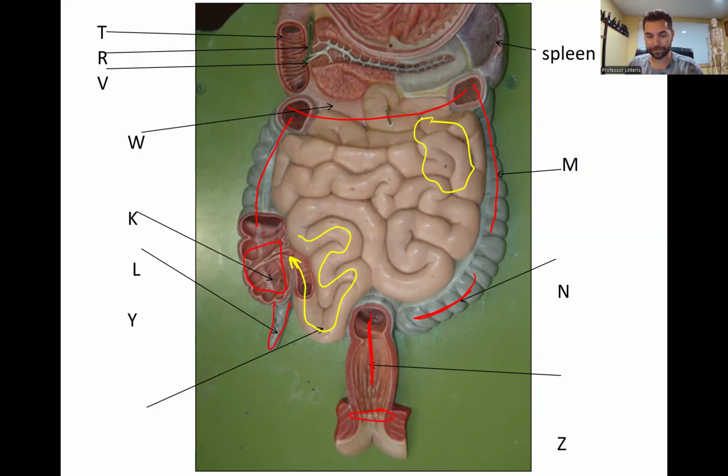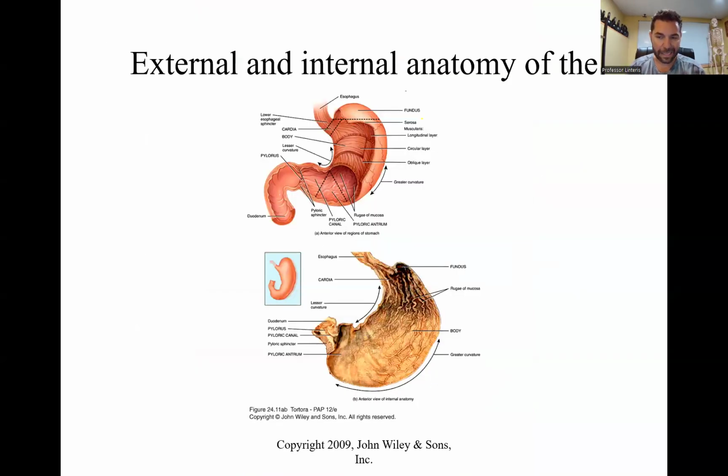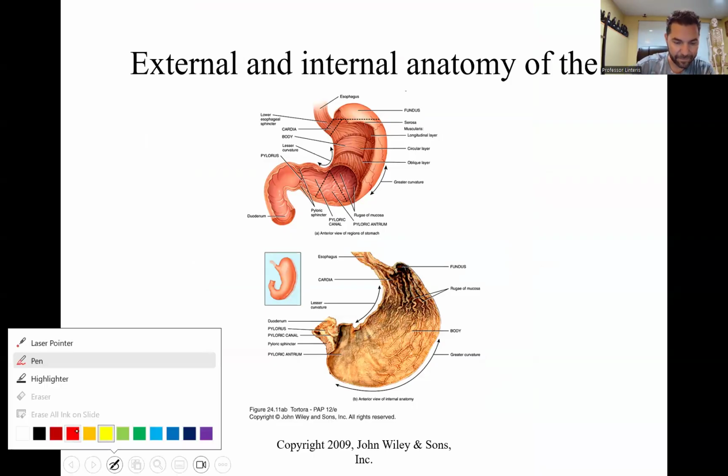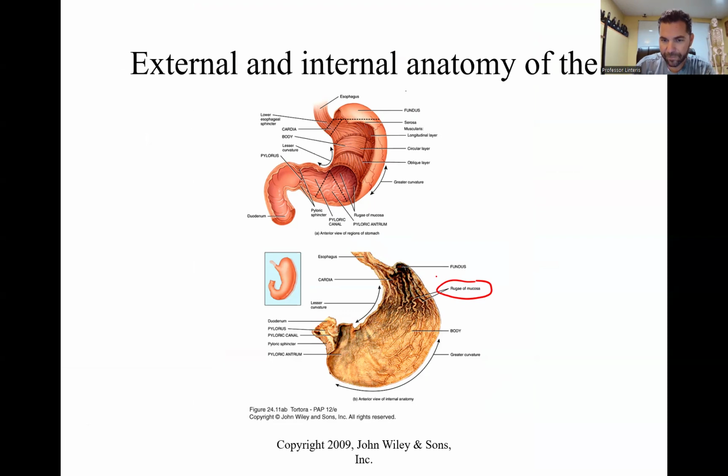Makes sense. Looking at the anatomy of the stomach, we can see the rugae, aka those folds. We can see the pyloric sphincter. We can see the esophageal sphincter.